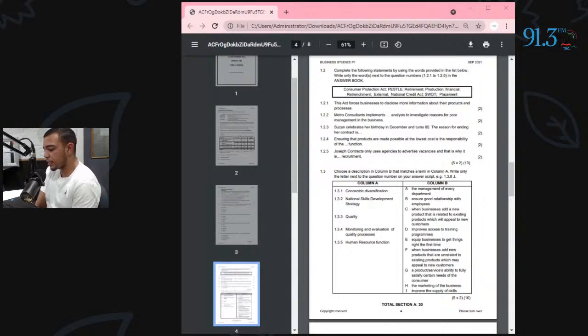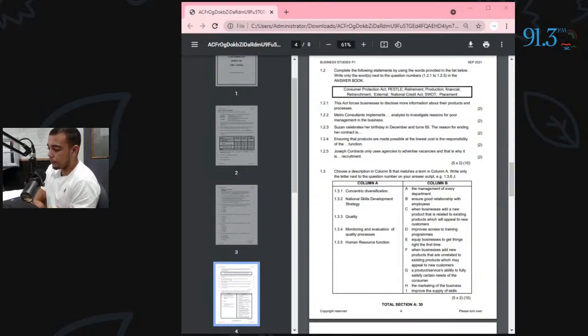So improving the supply of skills, yes, but we're not looking for that. We are looking for the answer D, improves access to training programs, because it's the development strategy that we use for skills. This also forms part of the SDA, as well as when we look at CETA, but we'd go over that in our next session.